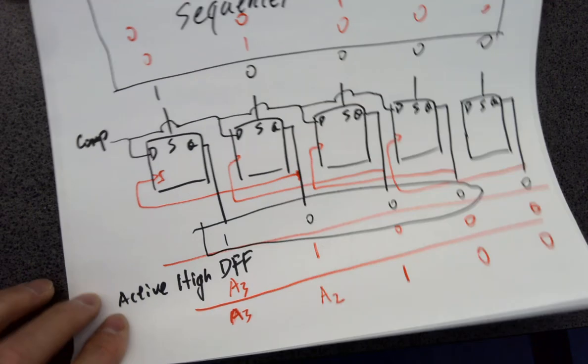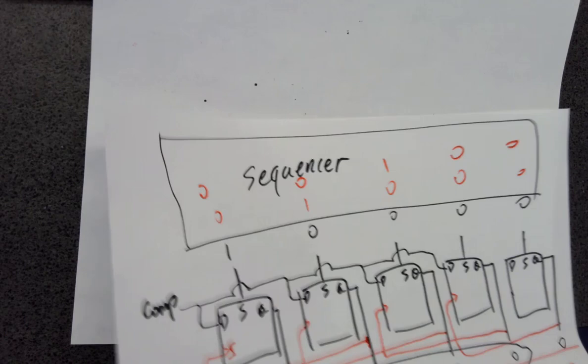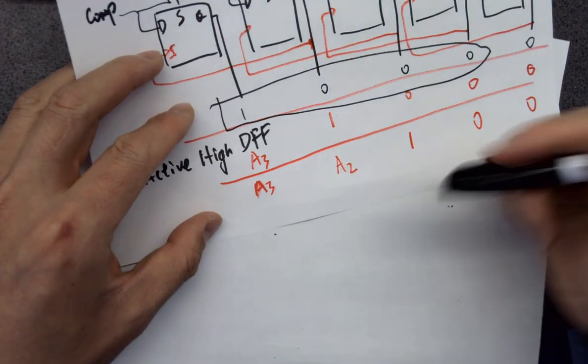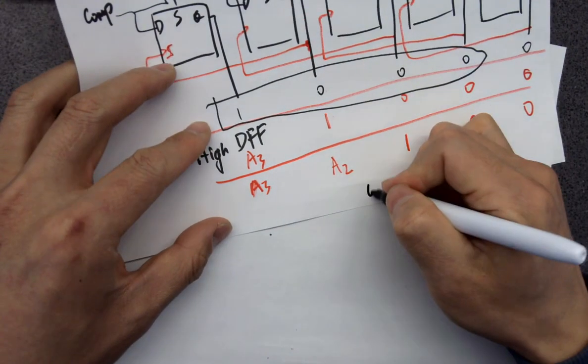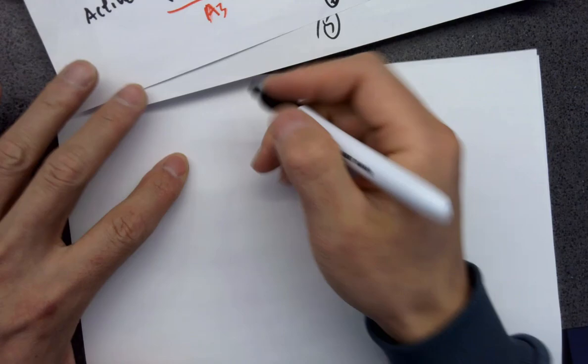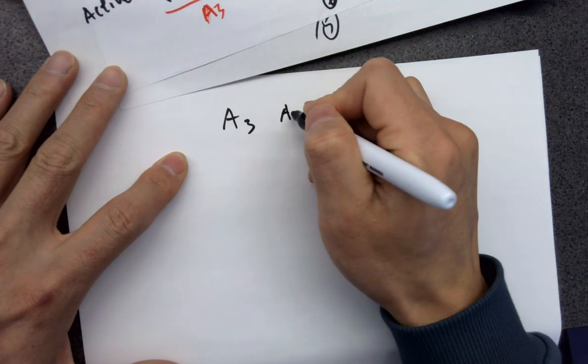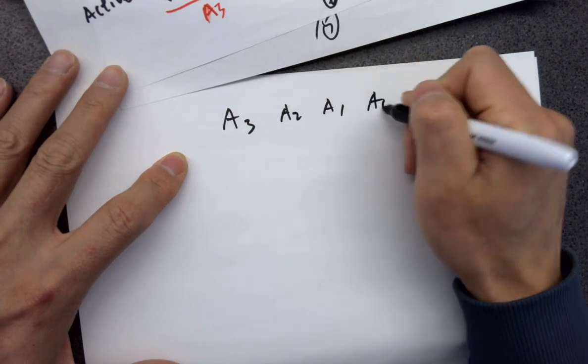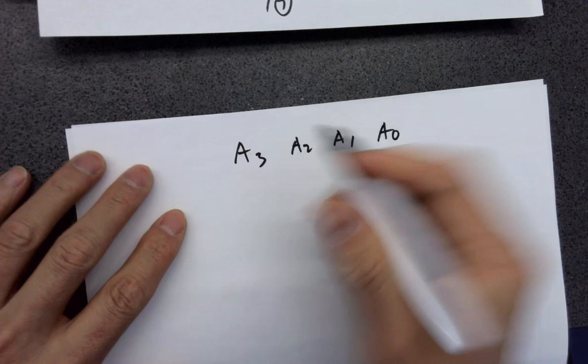So just keep doing this for a few cycles. Eventually you are getting A3, A2, A1, A0 for the output.